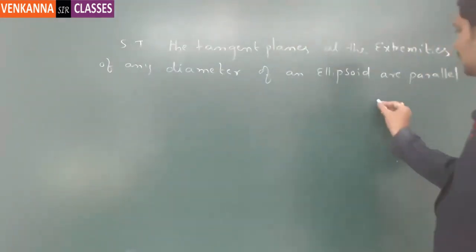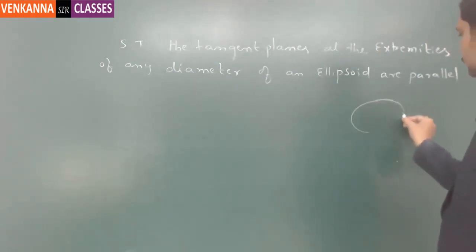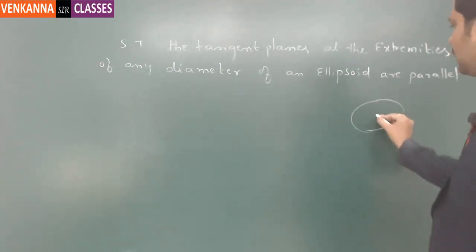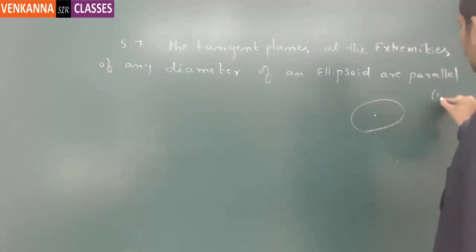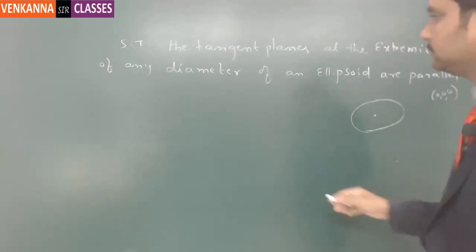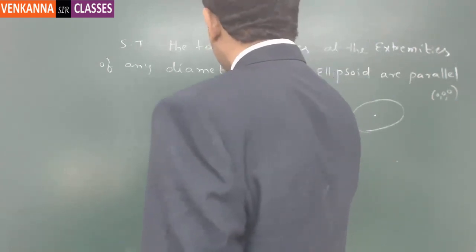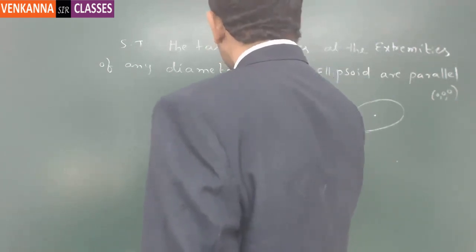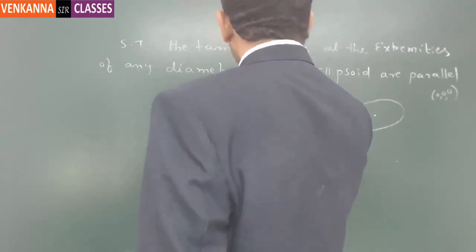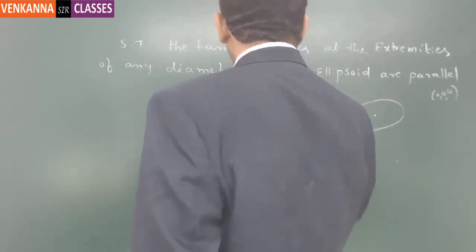So let us consider the ellipsoid here. And by default, the center is nothing but the origin. And the equation of the ellipsoid is x square by a square plus y square by b square plus z square by c square equal to 1.